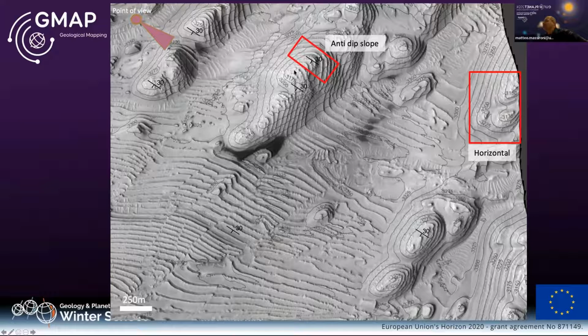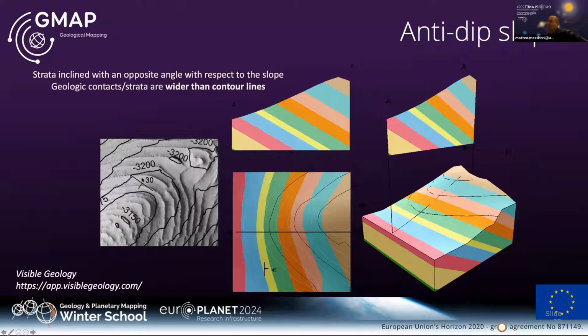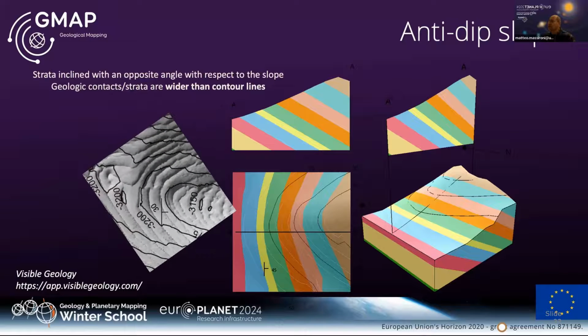In this case, the stratification is cutting the contour lines. So in this case, we have the case of an anti-dip slope, and in case of anti-dip slope, the contacts are cutting the contour lines and are wider than the contour line. How much wider depends on the inclination. So we can see clearly that this is the condition.